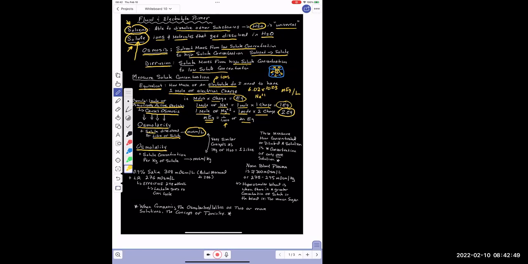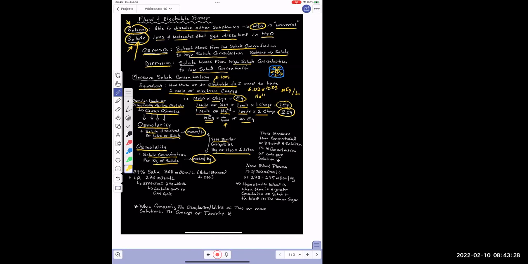Now, osmolality, on the other hand, is how much solute I have dissolved per kilogram. So it is a weight-based measure instead of a volume. And so that is measured in milliosmoles per kilogram. Now, if you were to measure the osmolarity and the osmolality of the human body, the actual numbers that you get are going to be very similar, because 1 kilogram of water equals 1 liter.